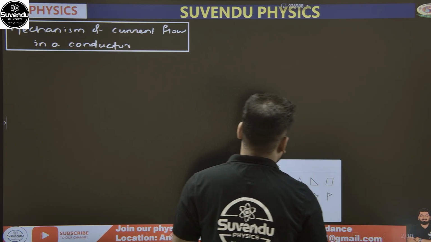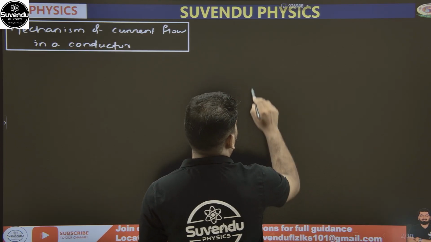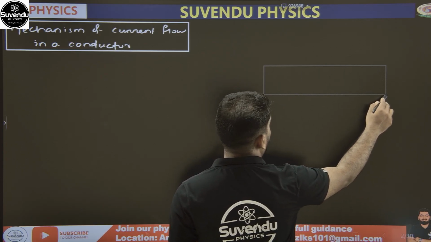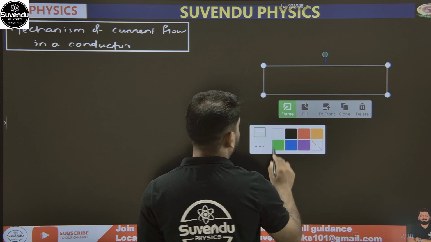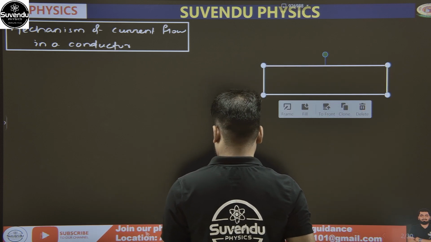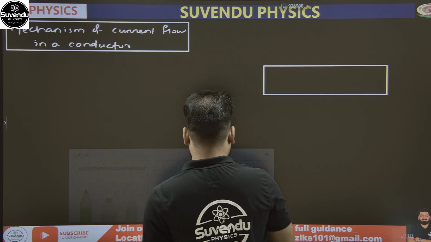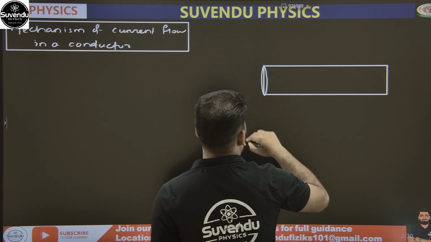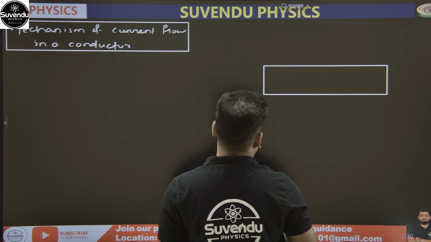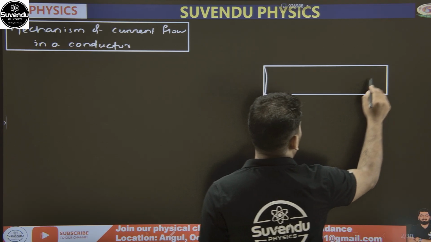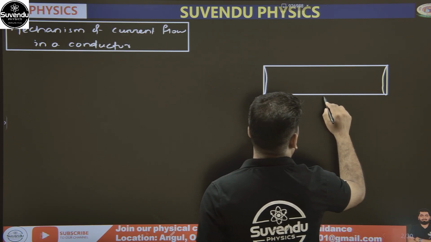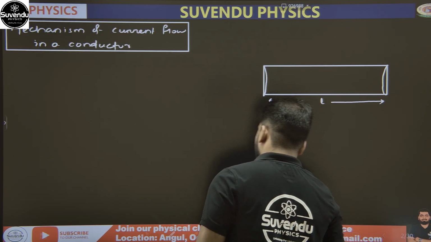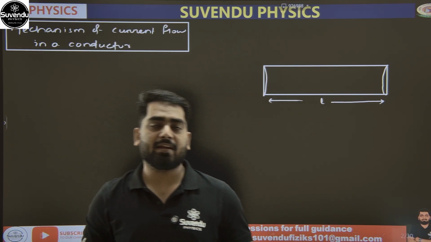Now see one thing. Let us think about this diagram. Let us think this is our current carrying conductor of length L. In case of a solid, the atoms and molecules are tightly packed.